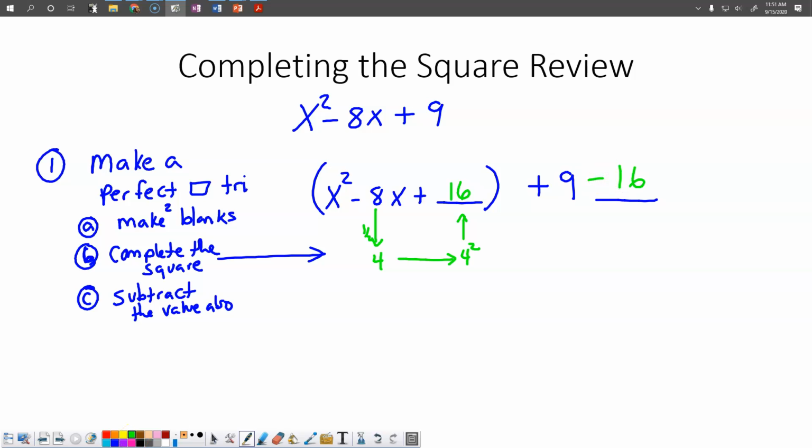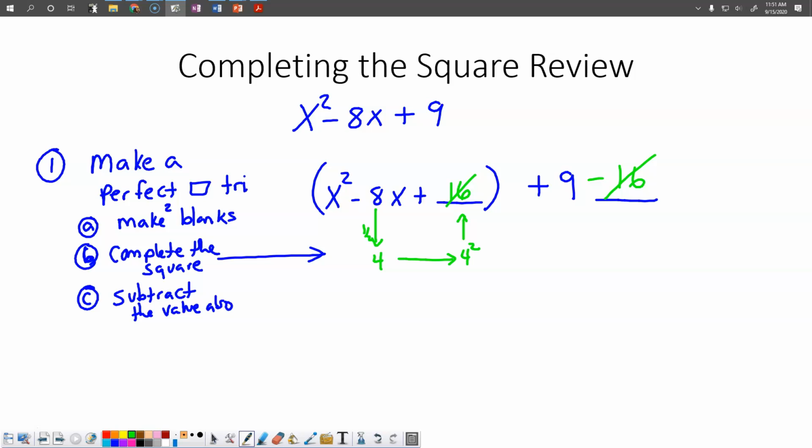Now, the reason we do that is because these cancel each other out, right? So why would I want to do that? Well, whenever you're doing this, you're not allowed to just add something in, because as soon as you do that, you've actually changed what the problem is.